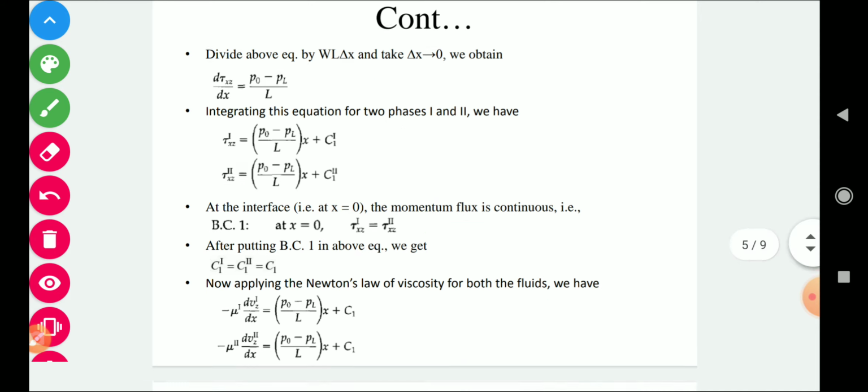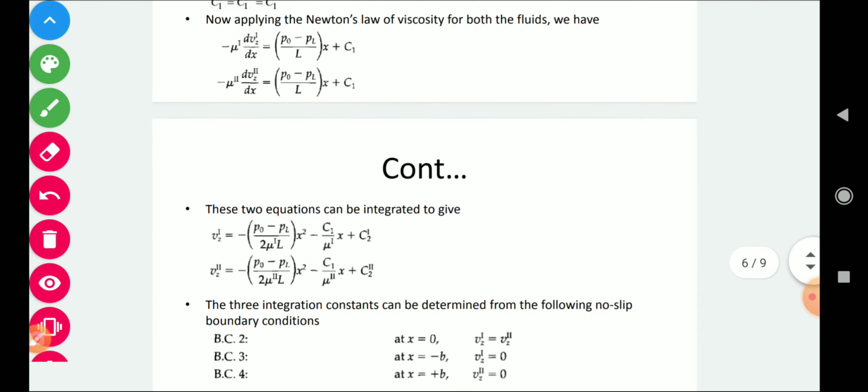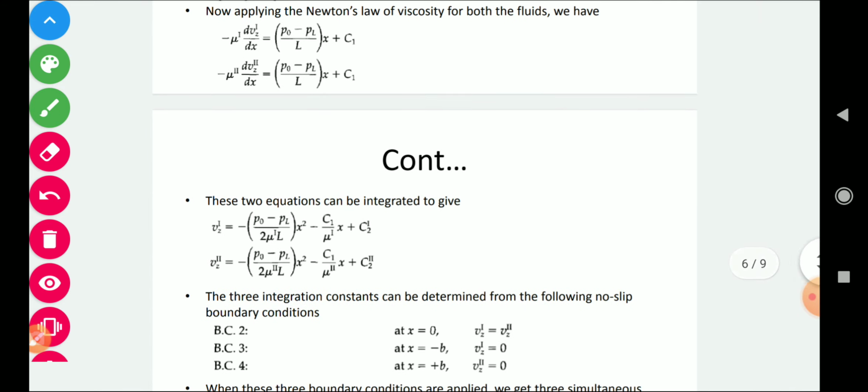Now again, to calculate the velocity, we need to integrate these two equations. So after integration we get these two equations.